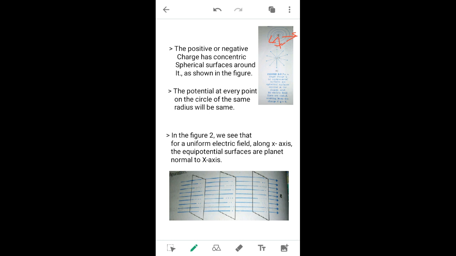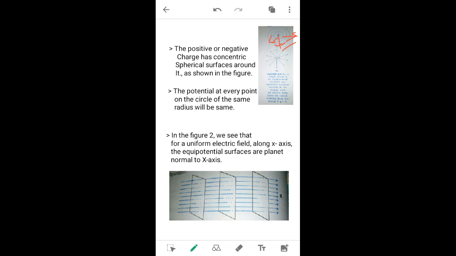So that is outward, and in the negative charge the field lines will go inwards. If it is a single charge, then we can take the concentric spherical surface around the charge, as shown here in figure A. Here the radius of the circle increases as the lines move away from the source charge.